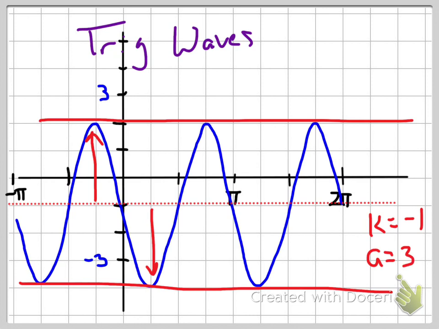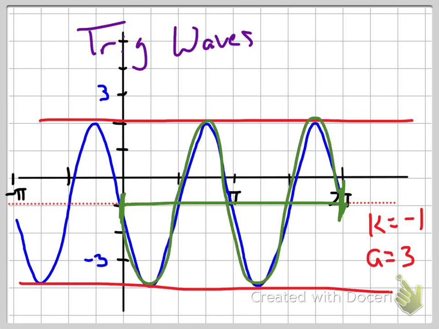The next thing I want to take a look at is how many cycles there are in 2 pi. All right. So if I look at the distance from 0 to 2 pi, this is going 1 cycle and 2 cycles in that distance.